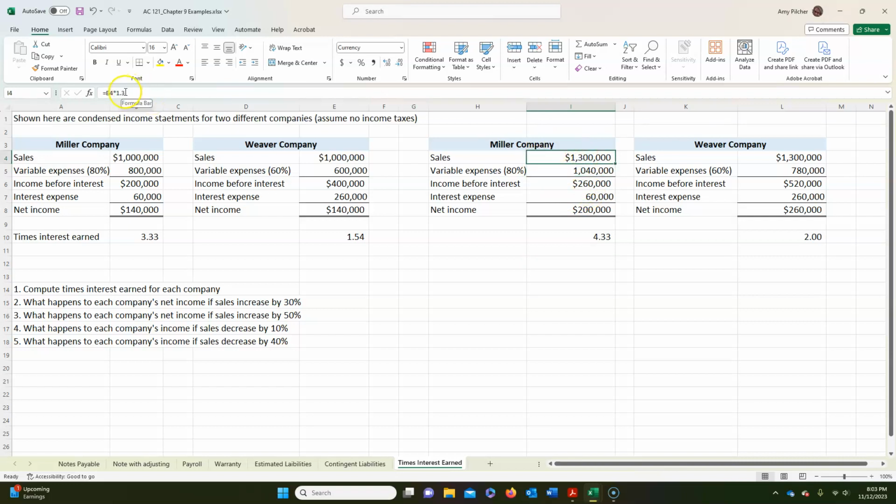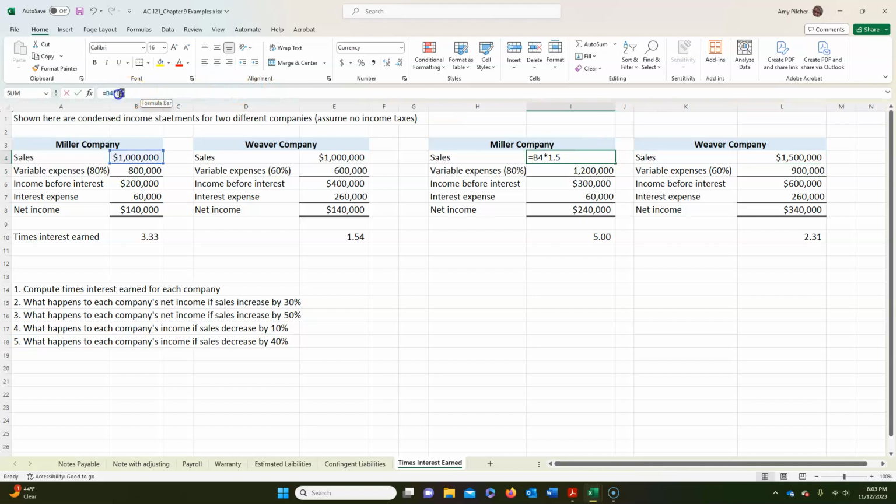So now let's change that to 1.5 for a 50% increase in sales. Now we can see the impact that has. Net income goes up for both companies, and our times interest earned goes up for each company. Now, what happens if sales decrease by 10%?